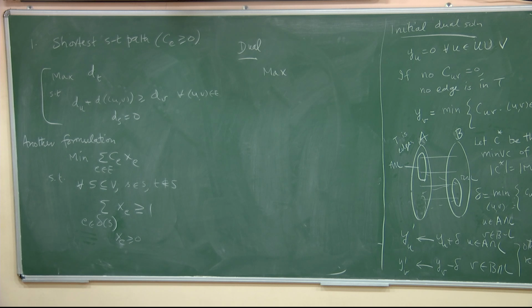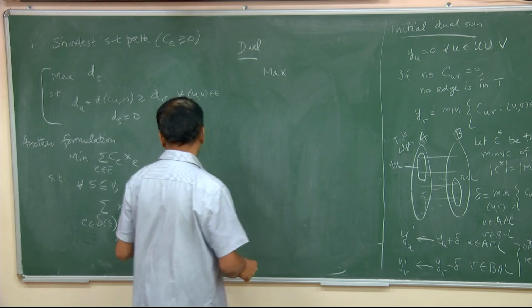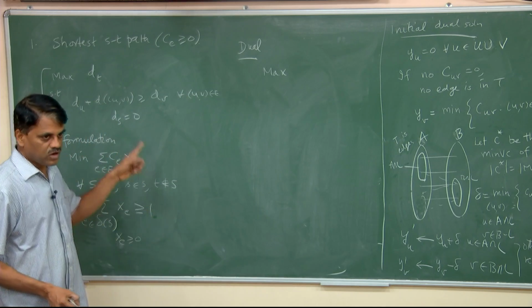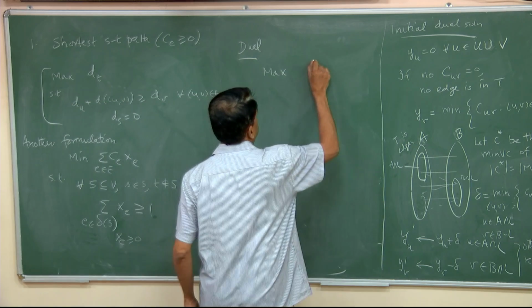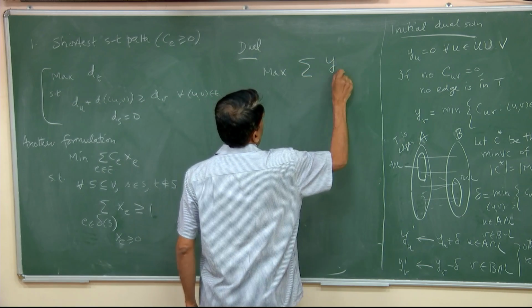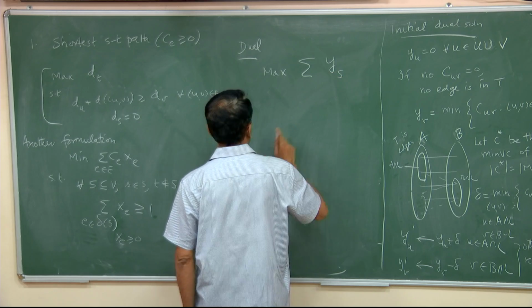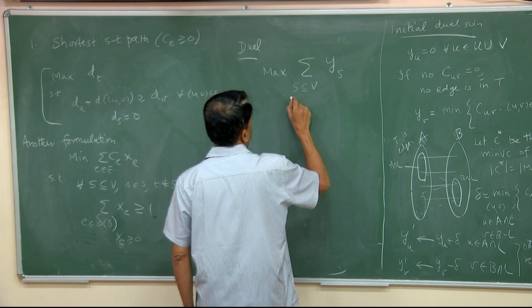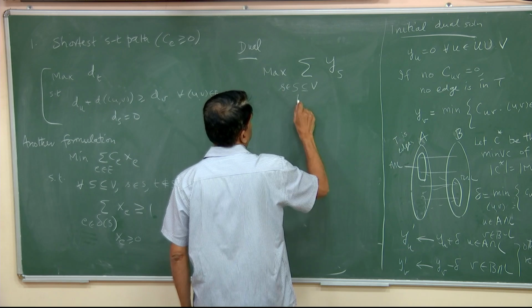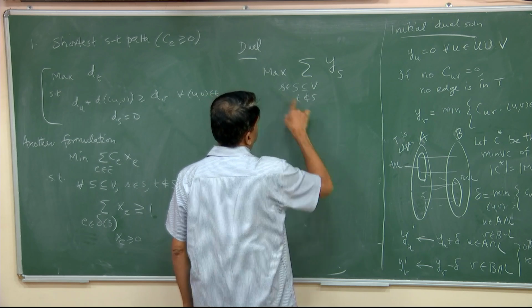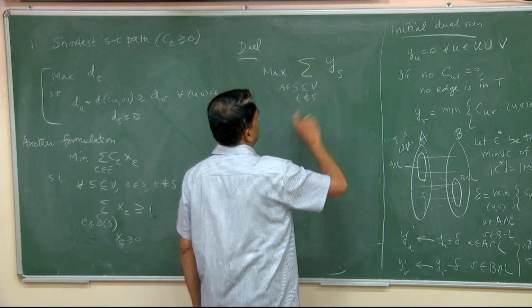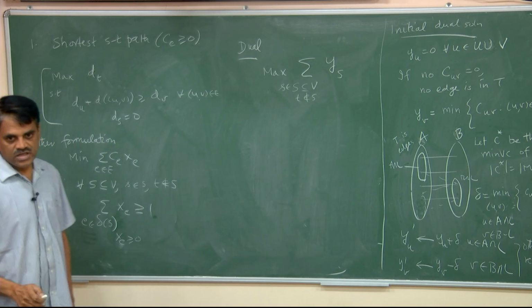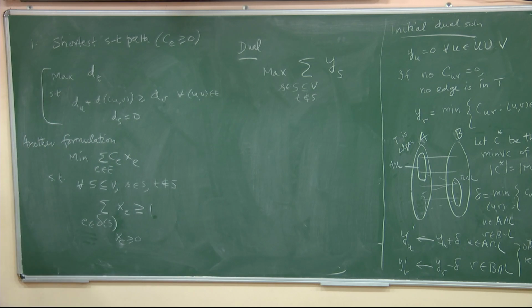Substitute a variable. For every subset of this type, you have a variable. Let's call it y suffix S. And the right hand side is 1, so the coefficients are all 1. So you want to maximize summation y_S for all S contained in V such that S is there and T is not in S. For every such S, I have a variable y_S, and I want to maximize this. And what is the constraint?